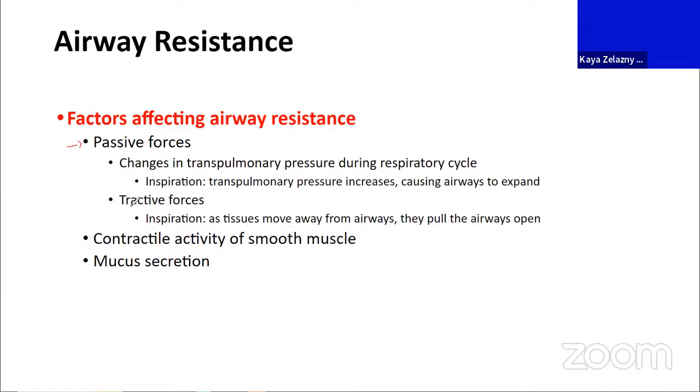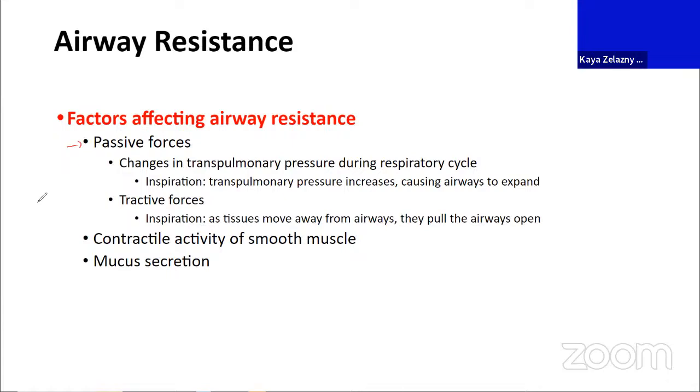We also have a similar thing going on when we think about something called tractive forces. So this is a similar concept when you're breathing. Like you're breathing in, inspiration, right? Your chest is expanding. The physical tissues are also going to pull a little on the airways. Now, when we think about the transpulmonary pressure, specifically what that's talking about is how the pressure of the intrapleural fluid is kind of pulling on alveoli.